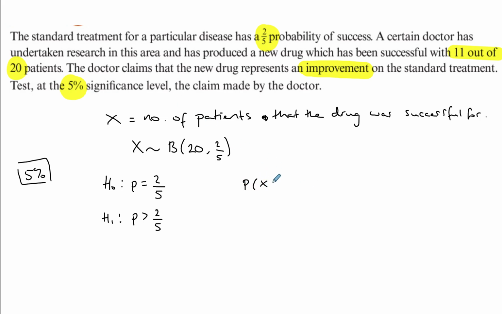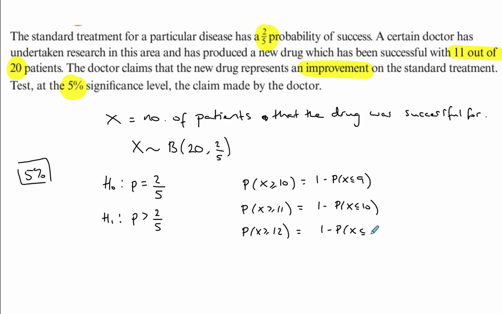So I'm going to test greater than or equal to 10, 11, and 12, and see what those probabilities come out as. To do 10, remember we need to do 1 minus the probability that X is less than or equal to 9. For 11, we need to do 1 minus the probability that X is less than or equal to 10. And for 12, 1 minus the probability that X is less than or equal to 11.